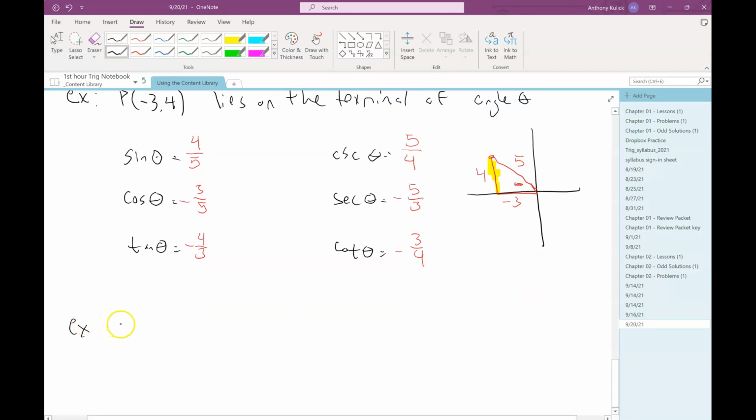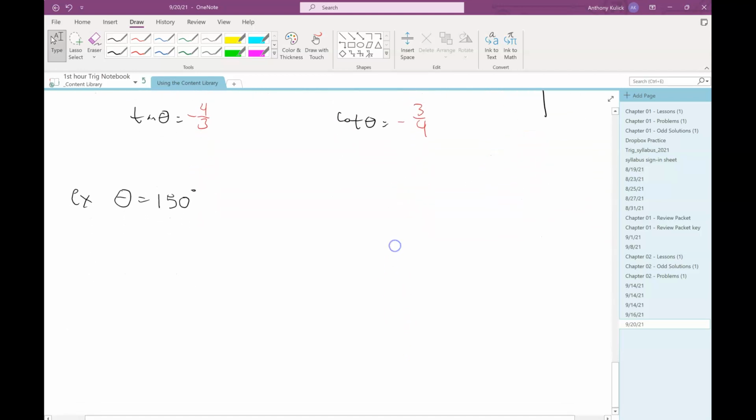What if we wanted to do the same thing, but instead of giving you a point on the angle, we just give you a specific angle measure? Well, let's draw the picture.